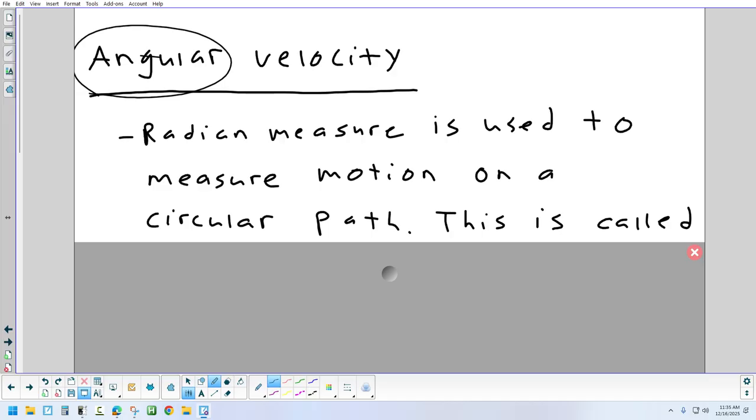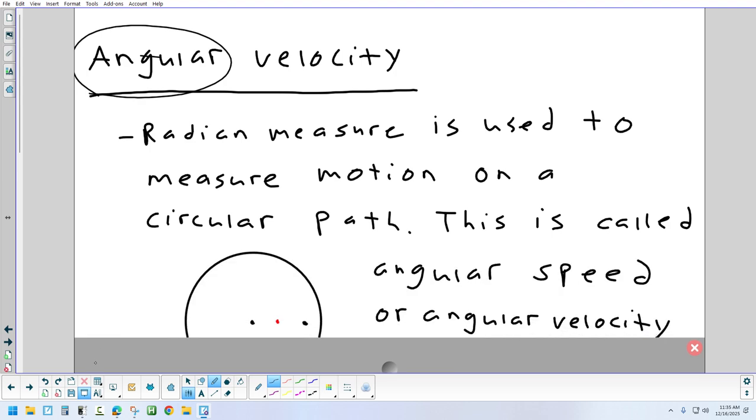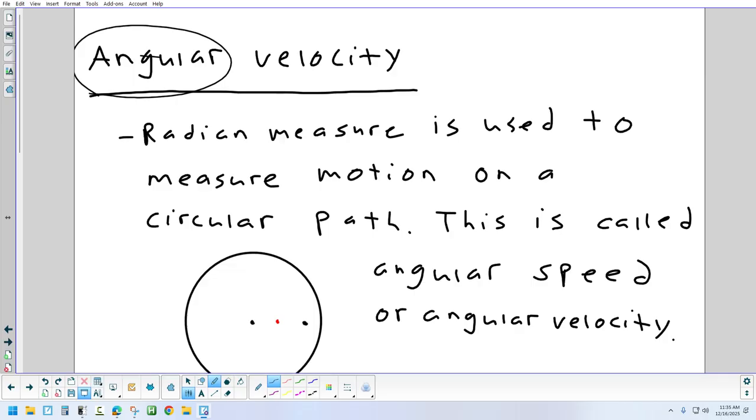Degrees, and one more. It's probably the most common unit, especially with power tools. They measure how fast it spins in this unit. Yep, RPM, revolutions per minute. So when you're dealing with angular velocity or angular speed, those are the 3 units, but I always want you to use radians, unless the directions say otherwise.